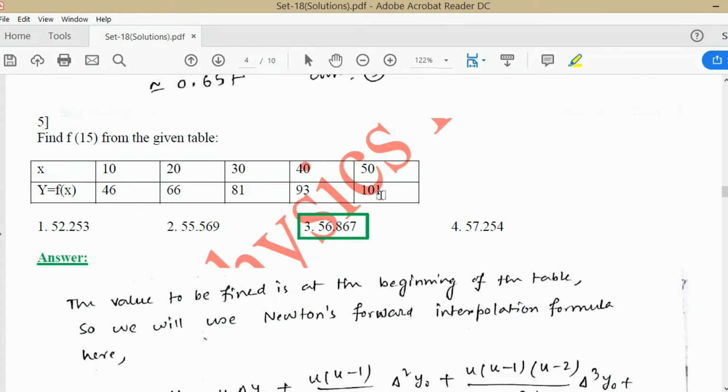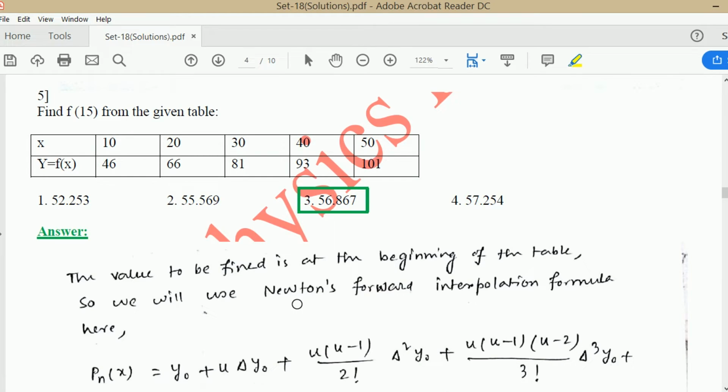Now coming to question number 5, find f(15) from the given table. As you can see, the table has only 5 values, and f of 15 means the value may reside at the beginning of the table. So you will use Newton's forward interpolation formula here.